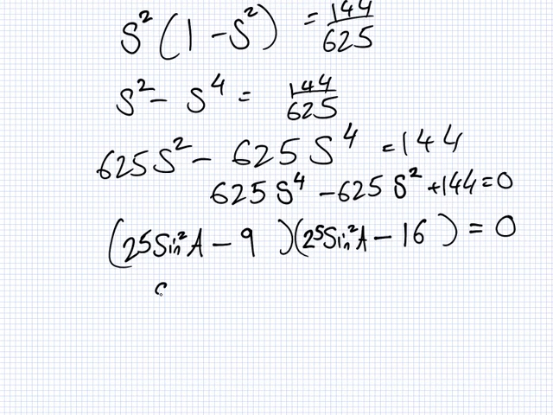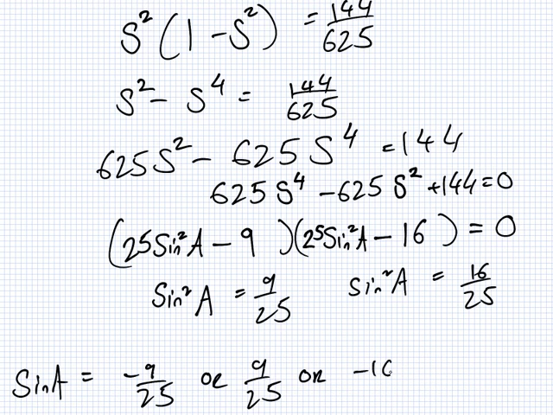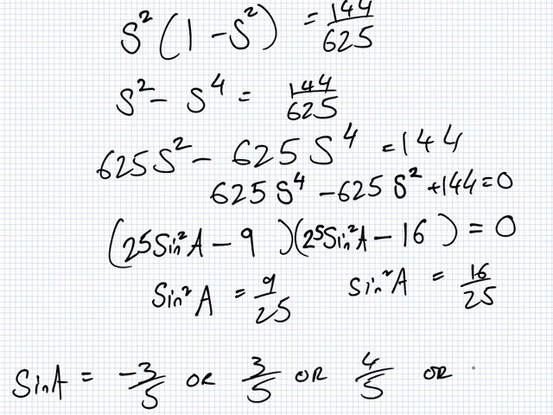So you have two answers here. Actually you have 4 answers here, because you have sine squared a equals 9/25, and sine squared a equals 16/25. So your 4 answers are sine a equals minus 3/5, or 3/5, or minus 4/5, or 4/5.